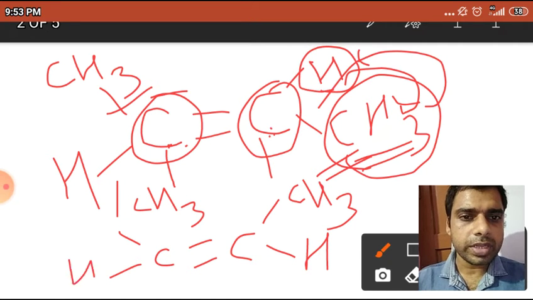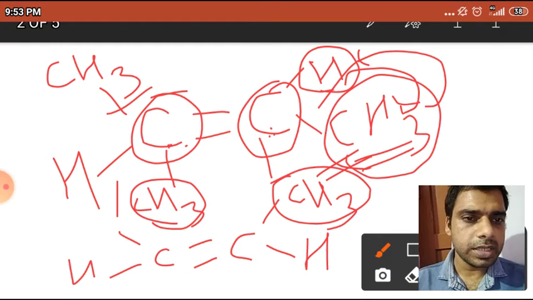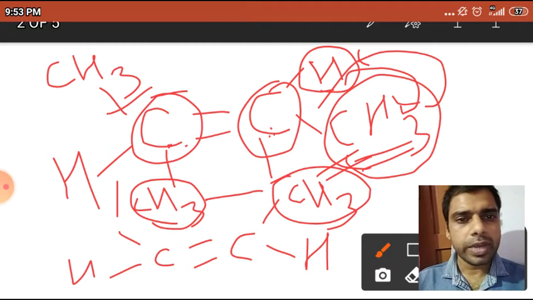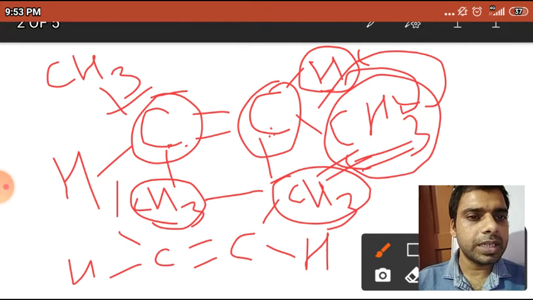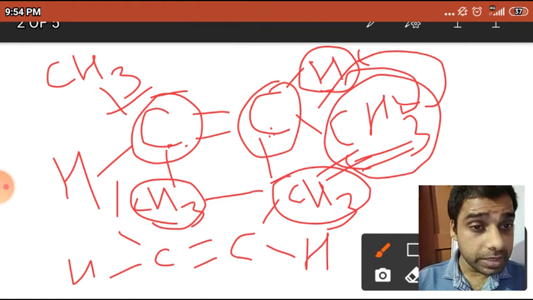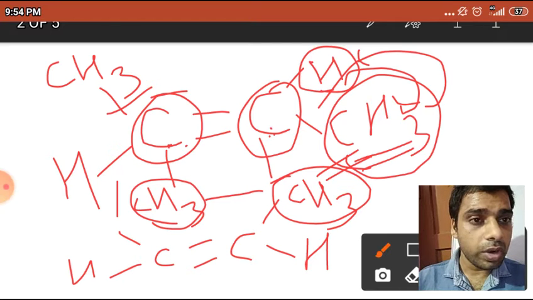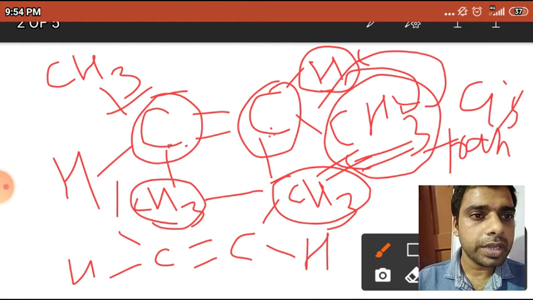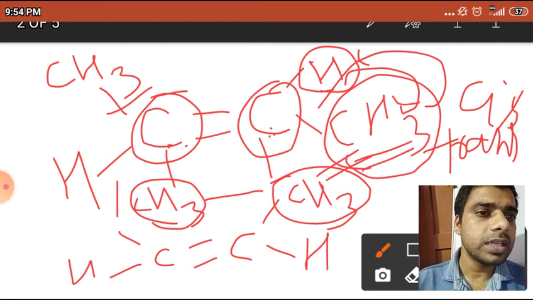So what you are seeing is two CH3, this one and the second CH3, on the same side. Hence this can be the type of geometrical isomerism, and one can be called cis and one can be called trans.